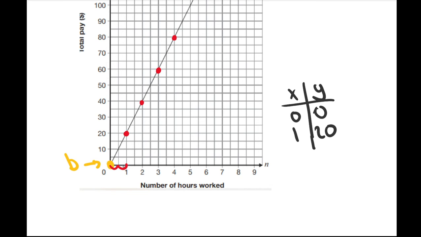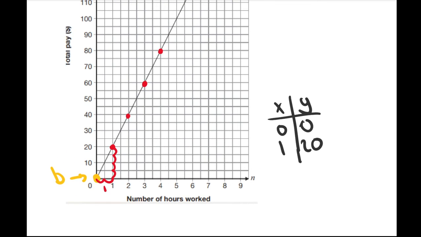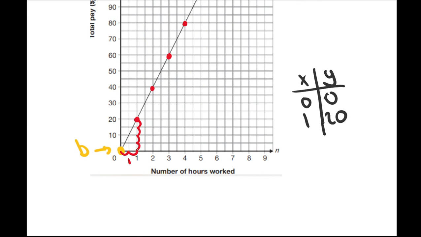So this isn't 1, 2, it's actually a half and then 1. So my run is 1. And then vertically, we wouldn't say 1, 2, 3, 4. Based on the scale, we can see that each square actually represents 5. So we would actually say vertically it's 5, 10, 15, 20.